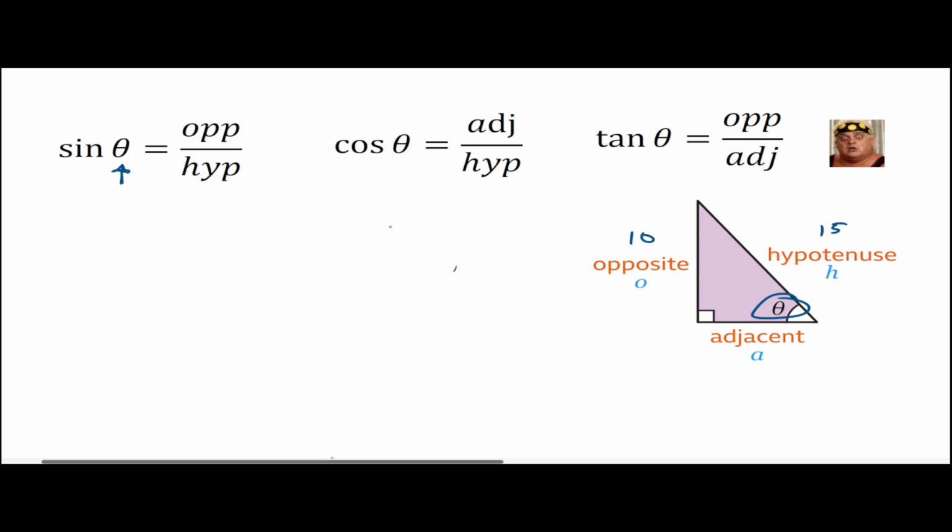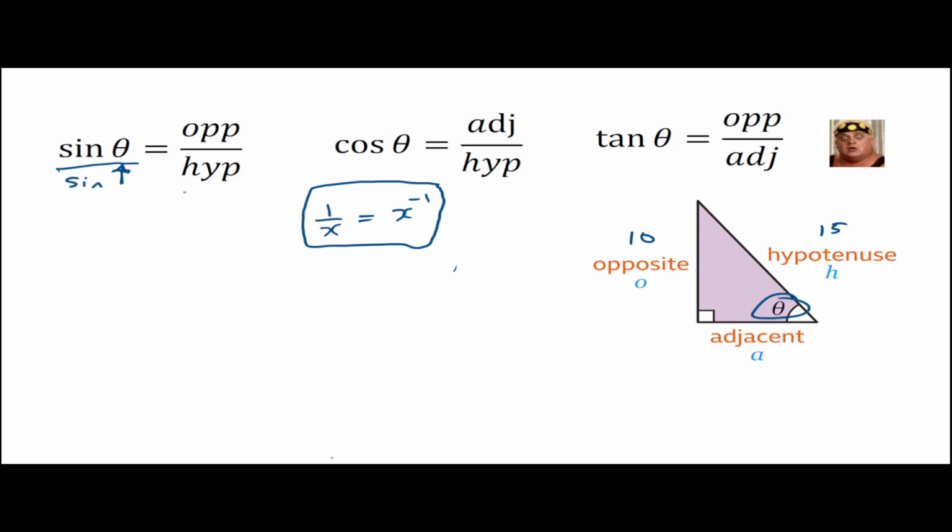What do we do? Well, if we remember that 1 over x is equal to x to the minus 1, we can use that to solve this. Could we just divide both sides by sine?